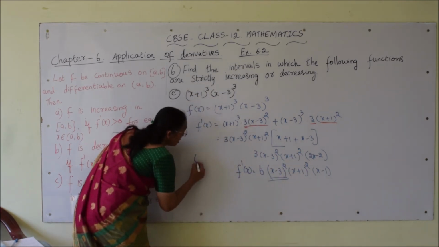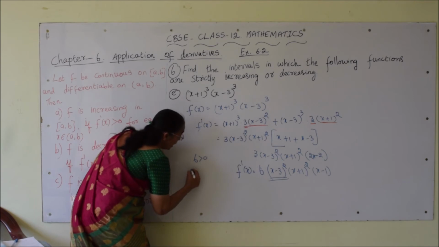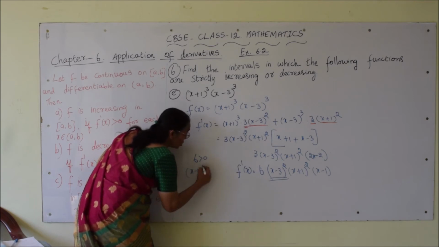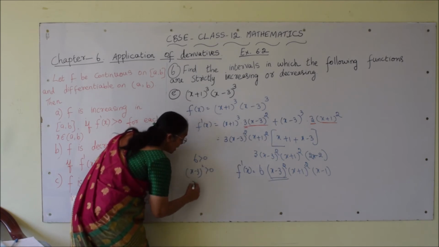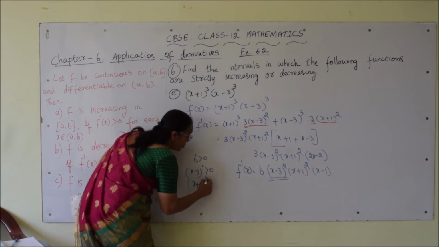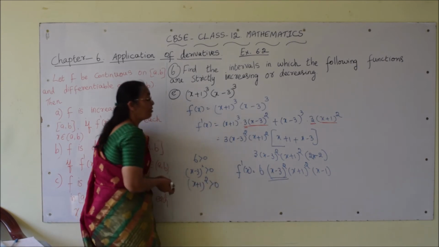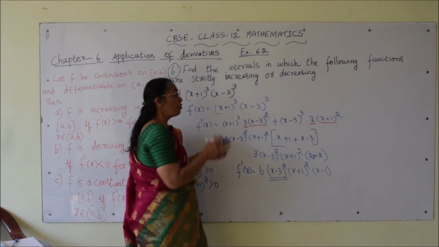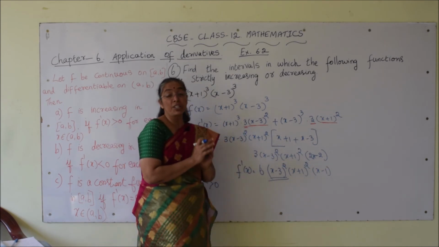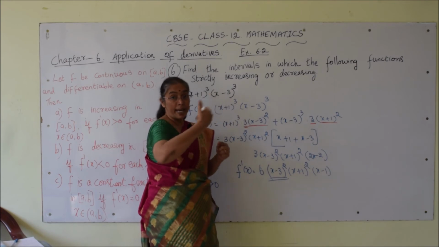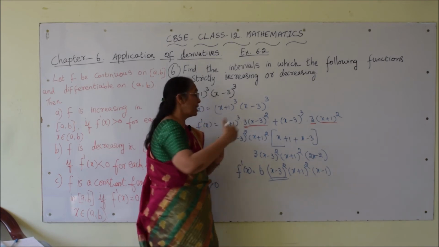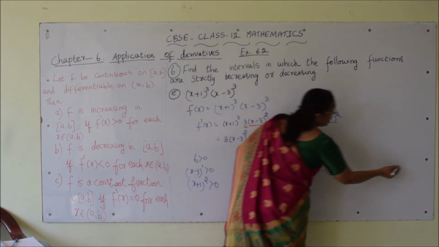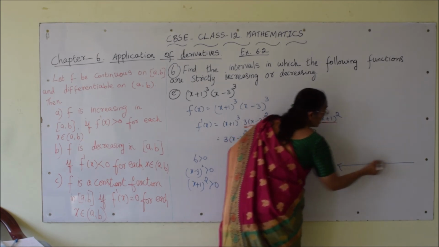Here 6 is always positive, (x minus 3) whole square is always positive, and (x plus 1) whole square is also a perfect square, always positive. The function depends only on x minus 1. So, we should check whether the function is increasing or decreasing when x is less than 1 and when x is greater than 1.